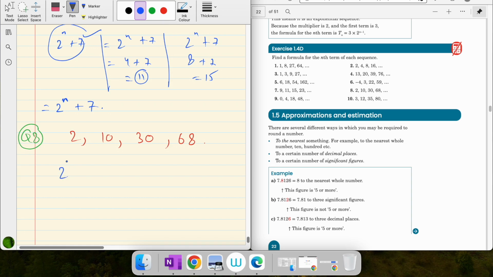If I just try 2 raised power n, 1 would be yes, 2 raised to power 2, I have to add something, so that's a no. And if we try n cube, 1 cube is 1 plus 1, 2 cube is 8 plus 2, 3 cube is 27 plus 3. So we are adding 1, then 2, then 3. So I'm trying n cube plus n.